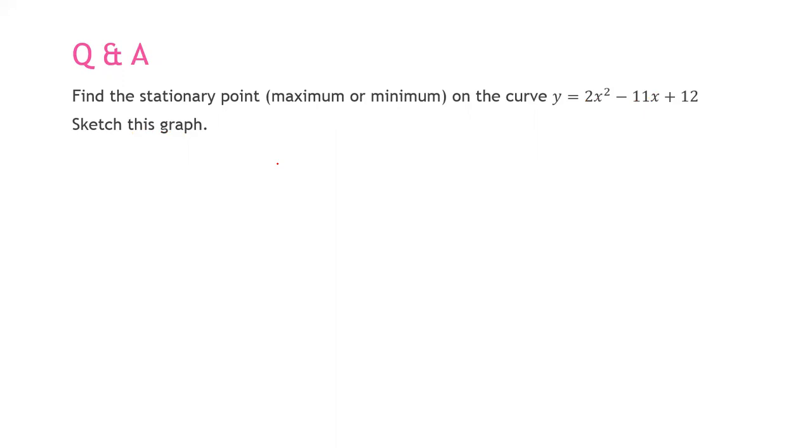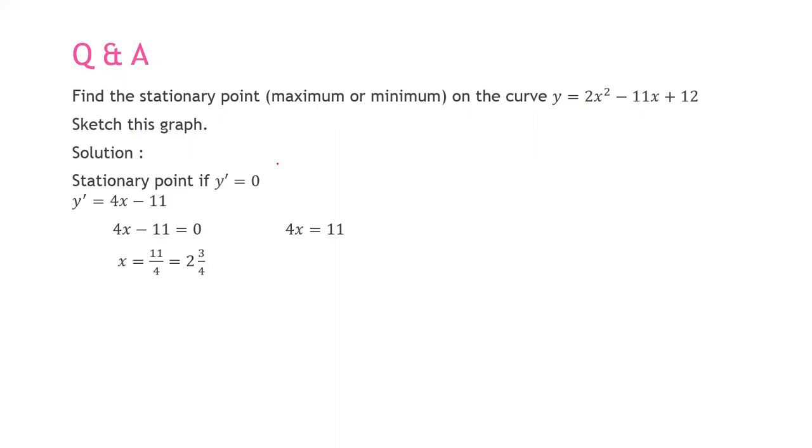For the first step, we need to find the first derivative with the assumption that the first derivative equals 0. Why? Because if you want to find the stationary point, you need to find the first derivative and set it to 0. So if the first derivative equals 0, it means 4x minus 11 equals 0. Why 4x minus 11?